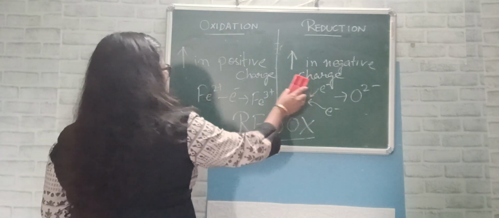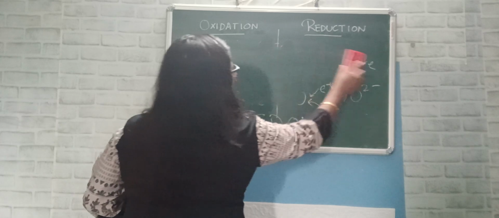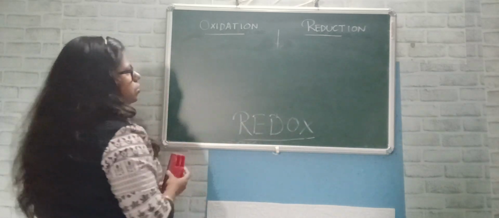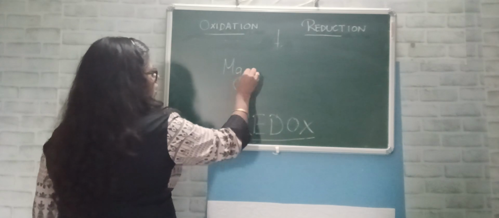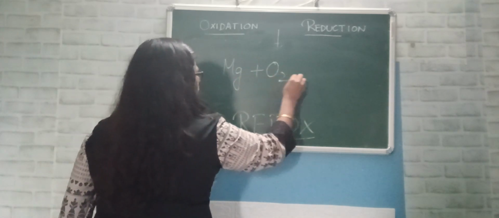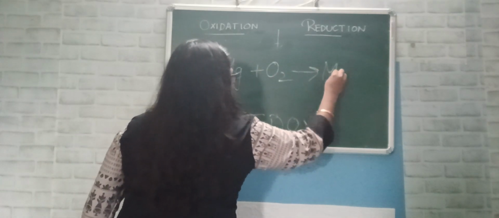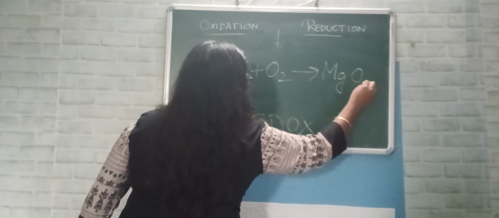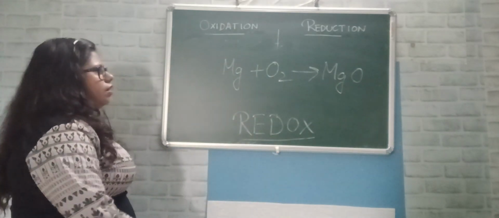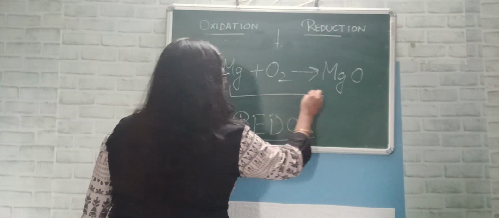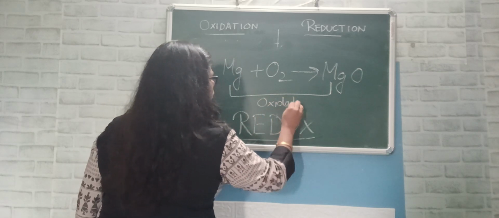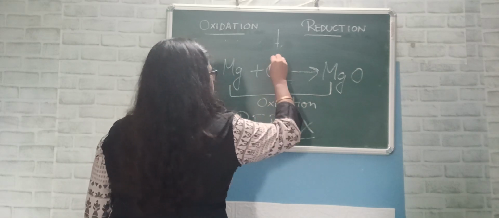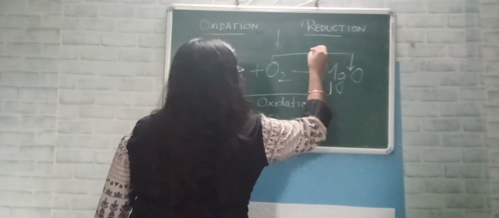Just now we had an example. I will repeat that example to give you an in-depth understanding. Here we have seen that magnesium is going for oxidation and oxygen is going for reduction.